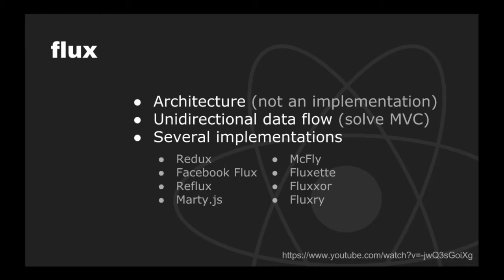We have Reflux, Marty, McFly. There are a lot of references to Back to the Future here, because mainly, I guess, it's for the Flux capacitor. If you want to take a look at this video that I'm putting the link here, it's about different strategies to manage your state mutations in React applications. It's really interesting. It's from ReactConf 2016, so I recommend you take a look at that.